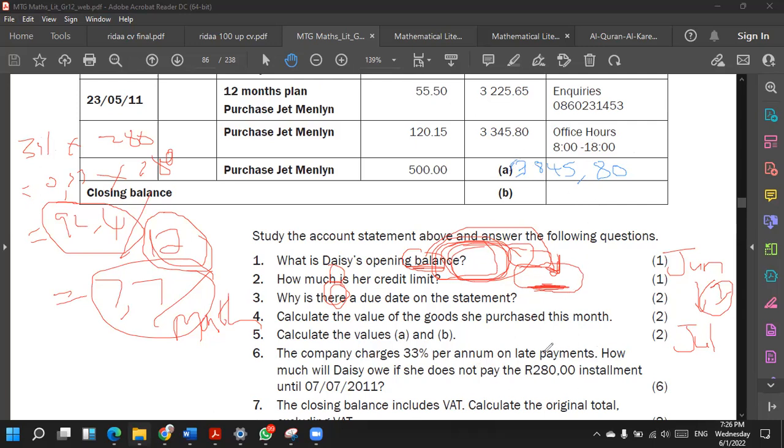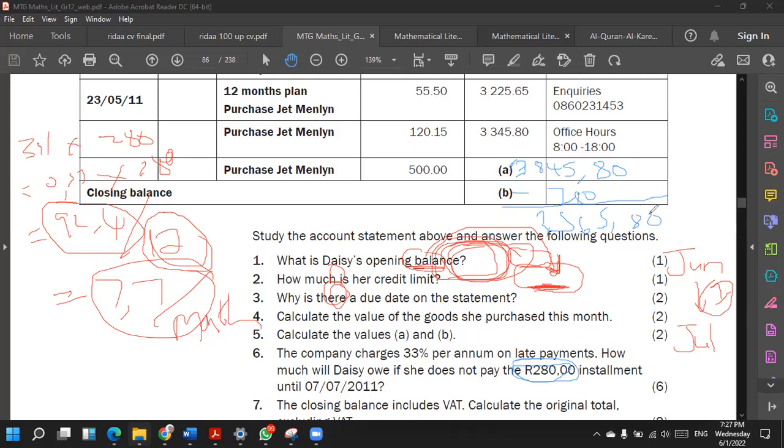And here they say, how much will Daisy owe if she doesn't pay 280? So we have to minus the 280, because she's not going to pay 280. So we minus 280. How much do we get? We will get 3,565,80.